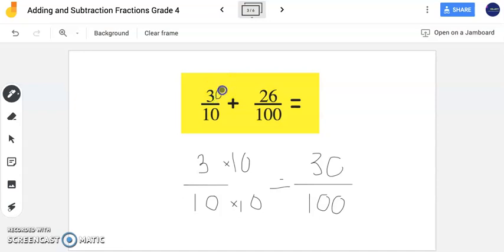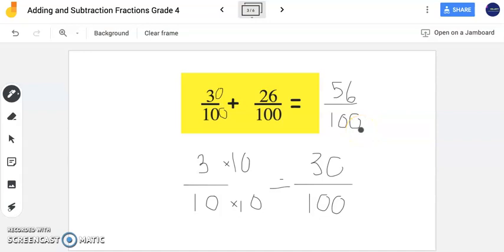So I'm going to change this 3 to a 30 and this 10 to a 100. Now I can simply add 30 plus 26, which happens to be 56. And my denominator remains 100ths, giving me a sum of 56 hundredths as my final answer.